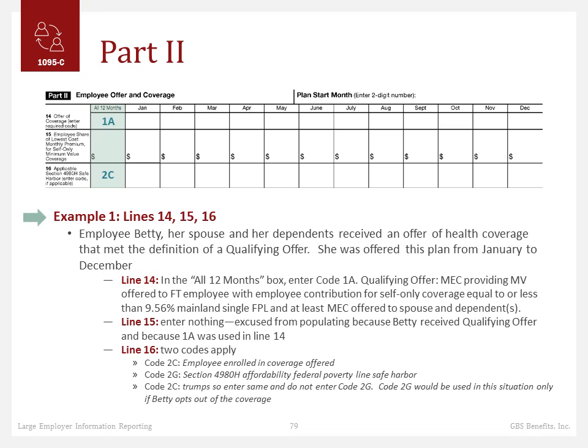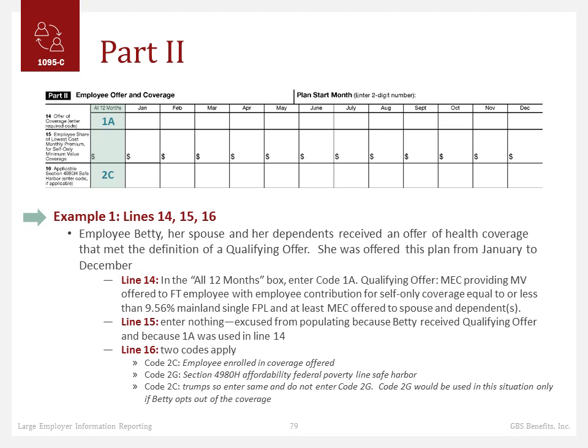Okay, let's do some examples. We're going to have 3 examples with 3 slides. Example 1. Betty, her spouse, and her dependents received an offer of health coverage that met the definition of a qualifying offer. We're not going to review again what the definition of a qualifying offer is. Just know that she got a qualifying offer, and so did her dependents and her spouse.